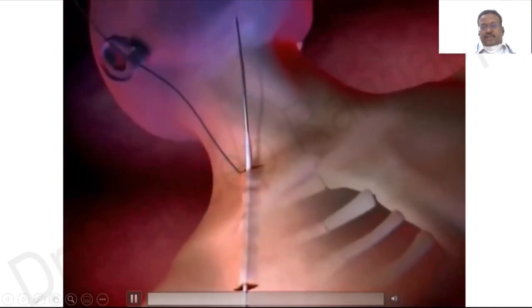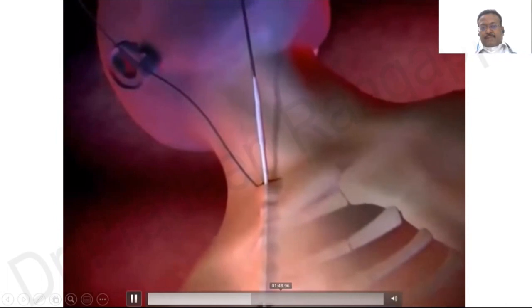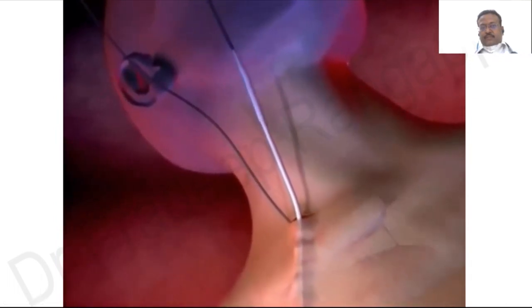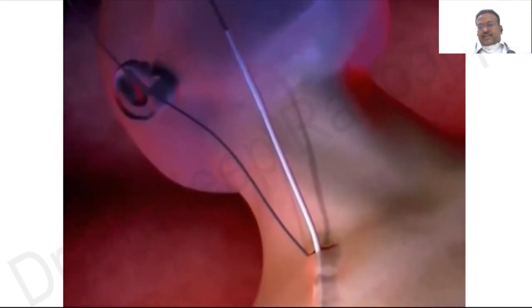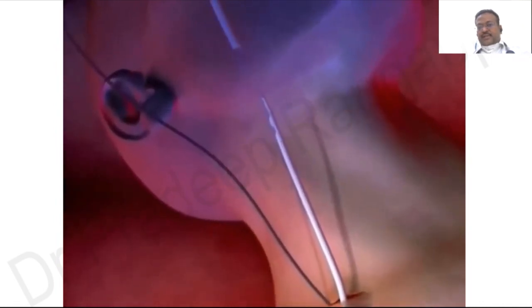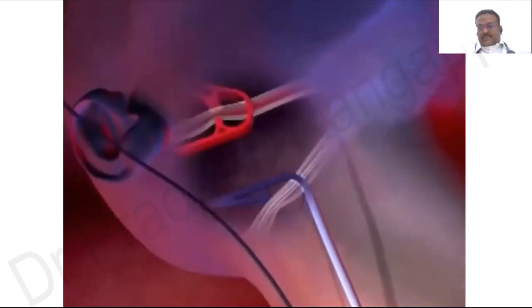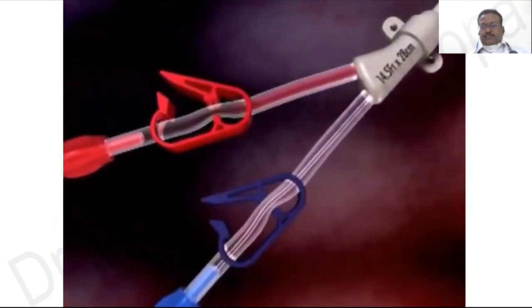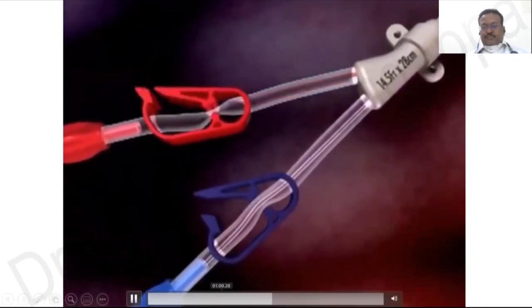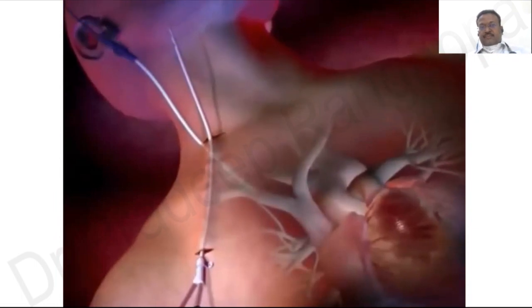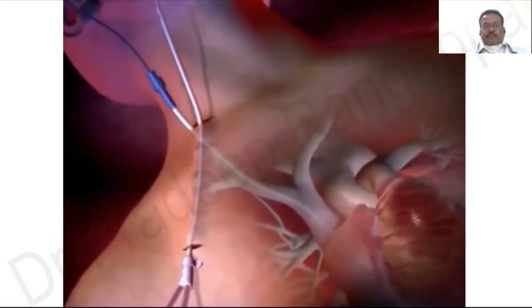I think you may have missed one of the steps. Just have a look. So that's a tunnel created. There is a guide wire sitting here, as you see. The tunnel is created with the catheter, and the guide wire is pushed into the catheter. You can see that.